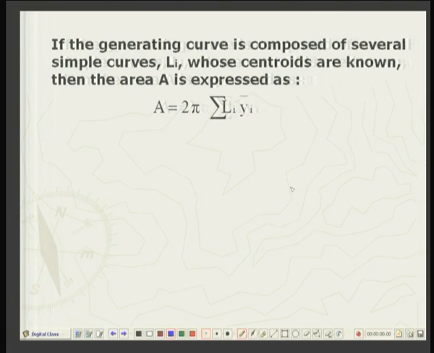Area of the surface of revolution A will be equal to 2 pi times the summation. We will conduct the summation on all the segments, L into y, that is the length of the segment times the centroid of that length. Maybe at this moment I can show you an example which we will be doing later.